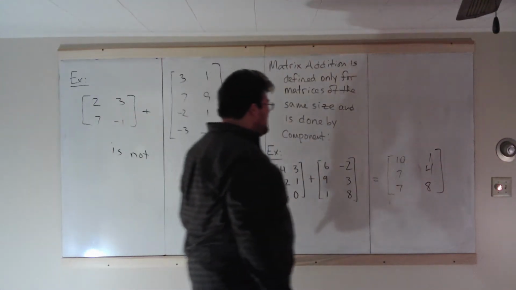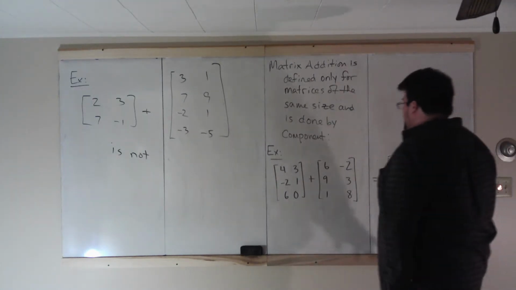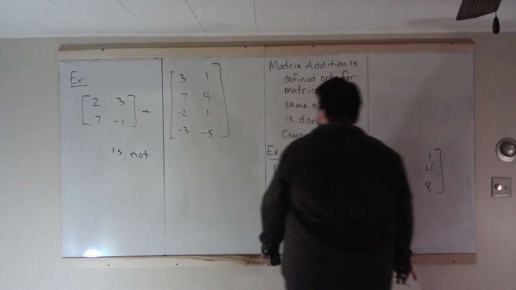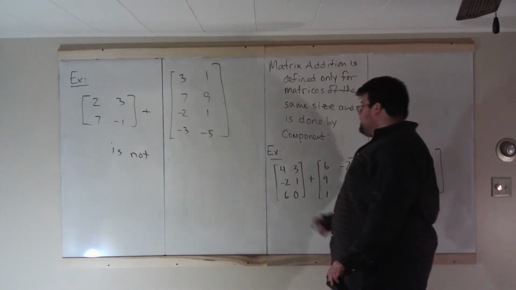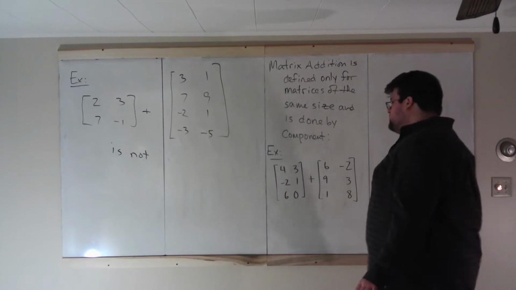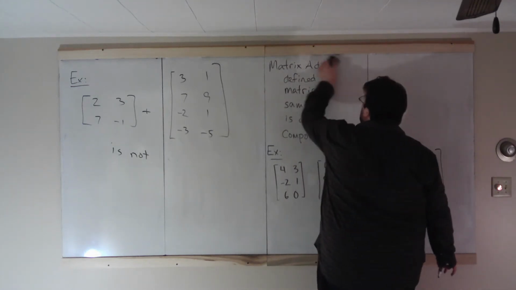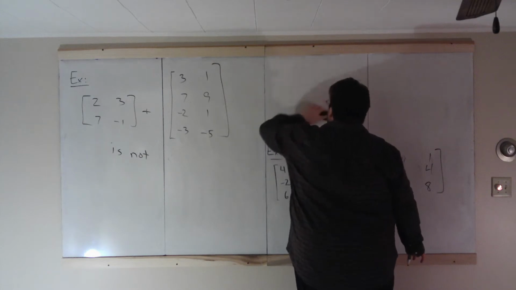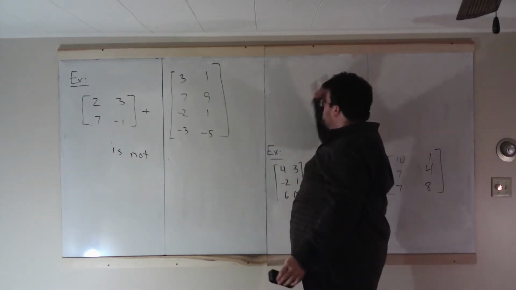So that's matrix addition. Matrix subtraction is the same thing, except, so I'm going to be lazy. The next example is going to be this one with a negative between them. And I'm not going to formally define matrix subtraction like we did there.